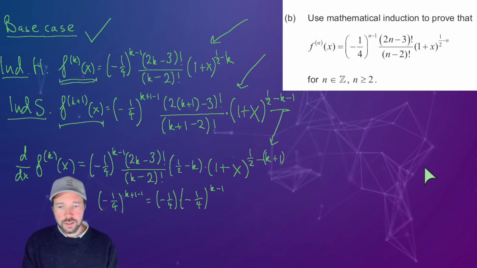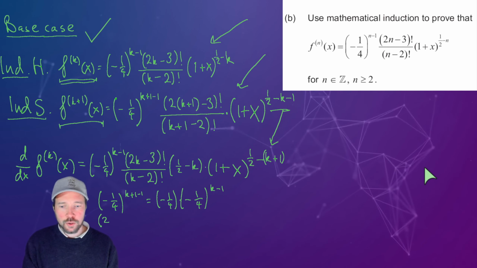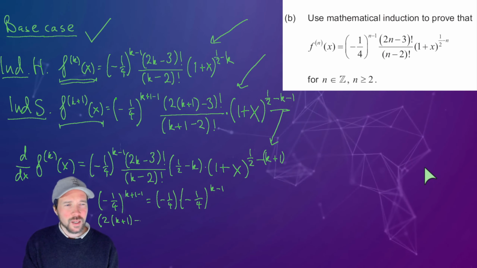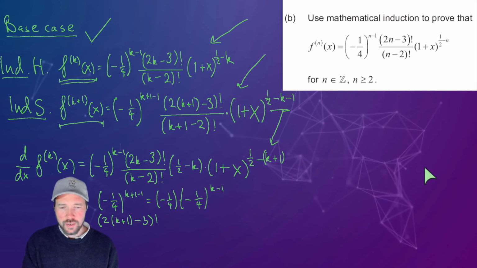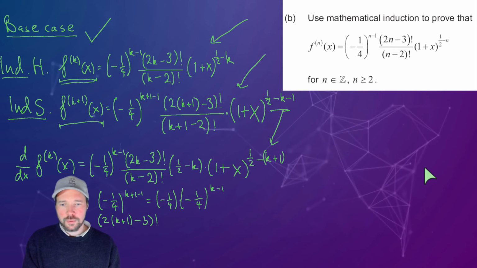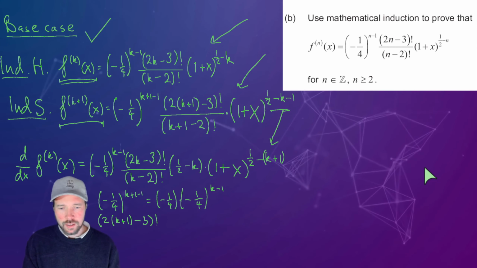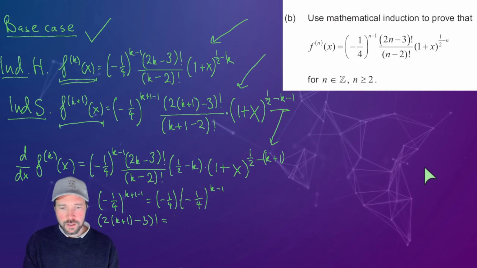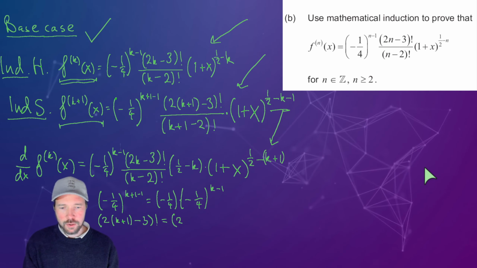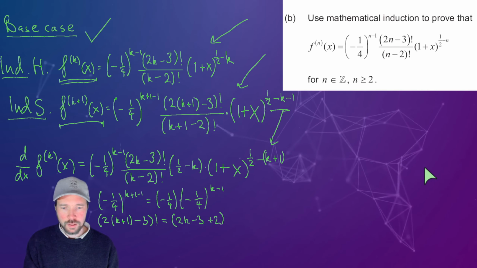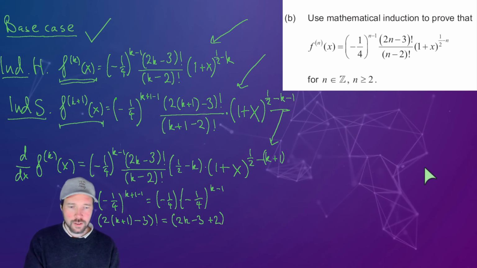The numerator there is 2k plus 1 minus 3 factorial. And if I want to dig out this term 2k minus 3, I'll have to use the factorial rule, because this is the same thing as 2k minus 3 plus 2. I opened the brackets and then I changed the order.